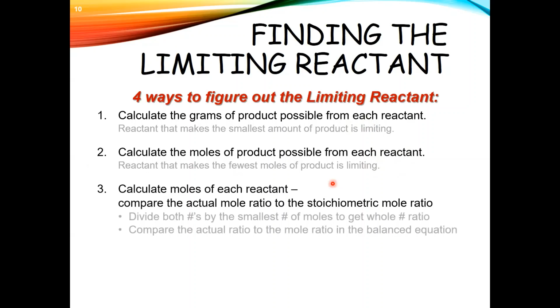The third way we talked about was to calculate the moles of each reactant and then compare the actual mole ratio that we see to the stoichiometric mole ratio in our equation. Now, this one gets a little confusing because we're going to have to divide both numbers by the smallest number of moles to get a whole mole ratio.